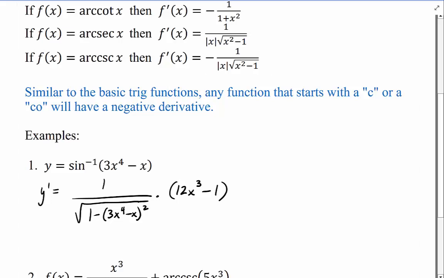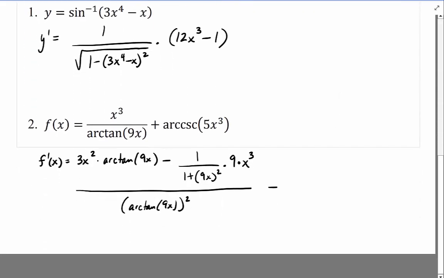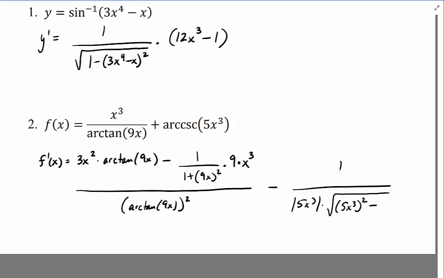So it will be -1 over the absolute value of that argument. So that is 5x cubed. And then that gets multiplied by the square root of that argument squared minus 1. And then all of that gets multiplied by the derivative of the inside, which is 15x squared.